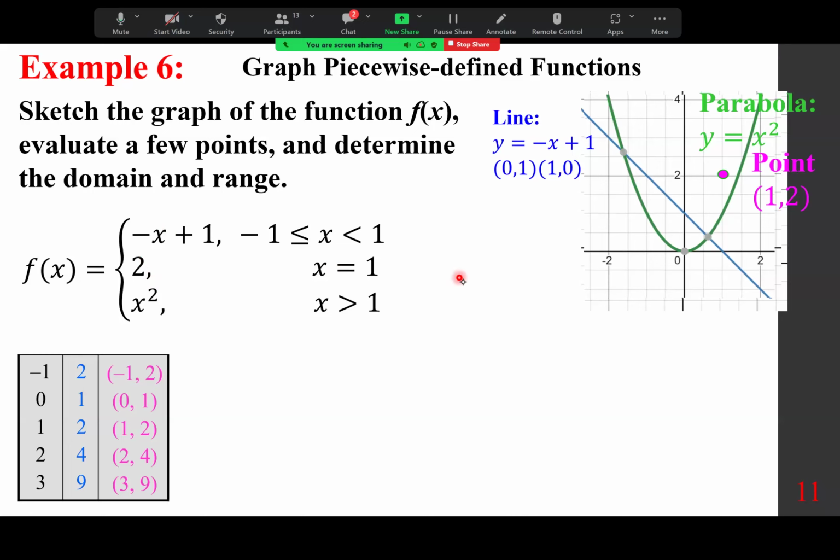Which portion of each graph is acceptable? Let's look at the restriction that they give us. Starting with this line, which portion can we use? It says you can use it from -1 to 1. So -1 is here. I'm looking at the graph. -1 is here and the point is here.